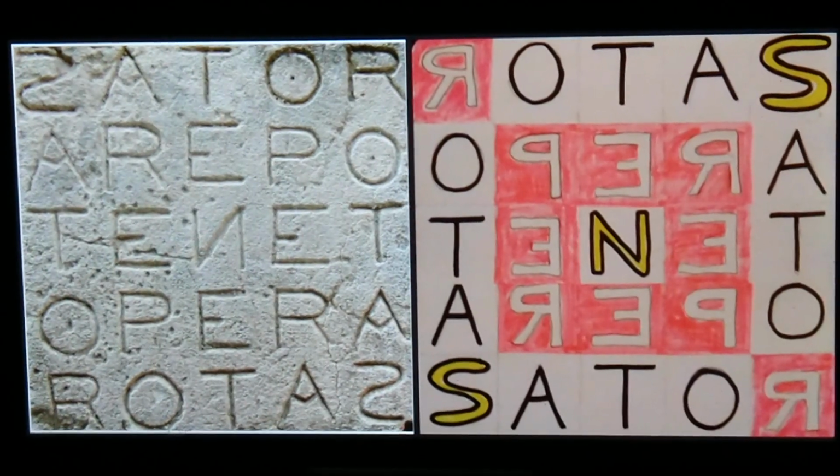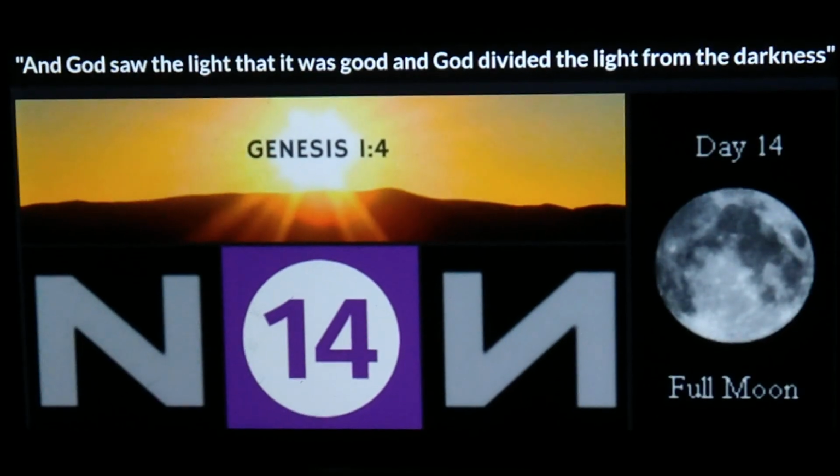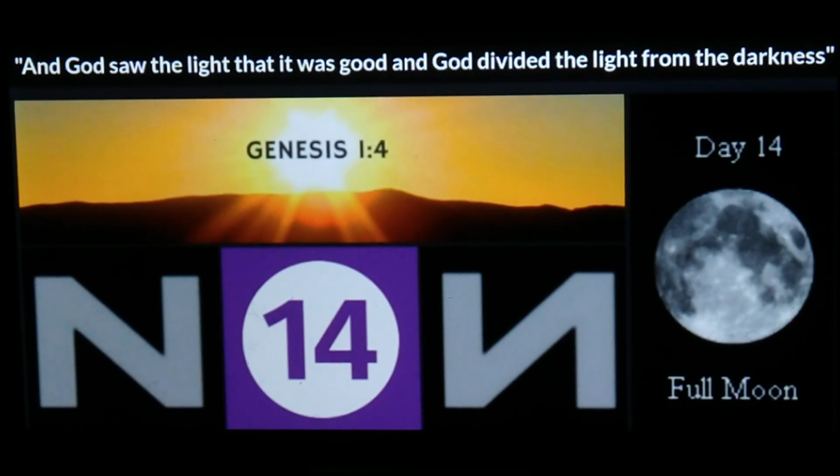And speaking of 14 again, I think I talked about it in another video. Christmas Day, for most people, if you go forward a span of 14 days, that brings you to Coptic Christmas or Orthodox Christmas. But you have this duality, and again, in Genesis 1:4, God saw the light that it was good, and God divided the light from the darkness.